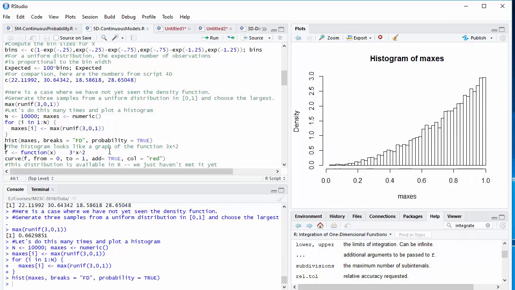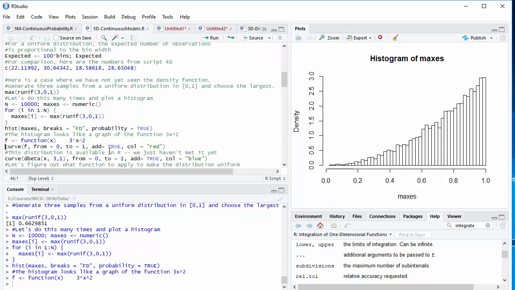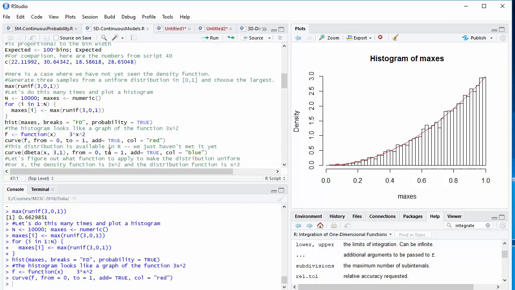It looks vaguely parabolic. It's going from 0 to 1. Well, a function that is parabolic, goes from 0 to 1 and has an integral of 1, is 3x squared. Let's plot that function, and it does match very nicely. Now it turns out this distribution is available in R. It's just one that you haven't met yet.